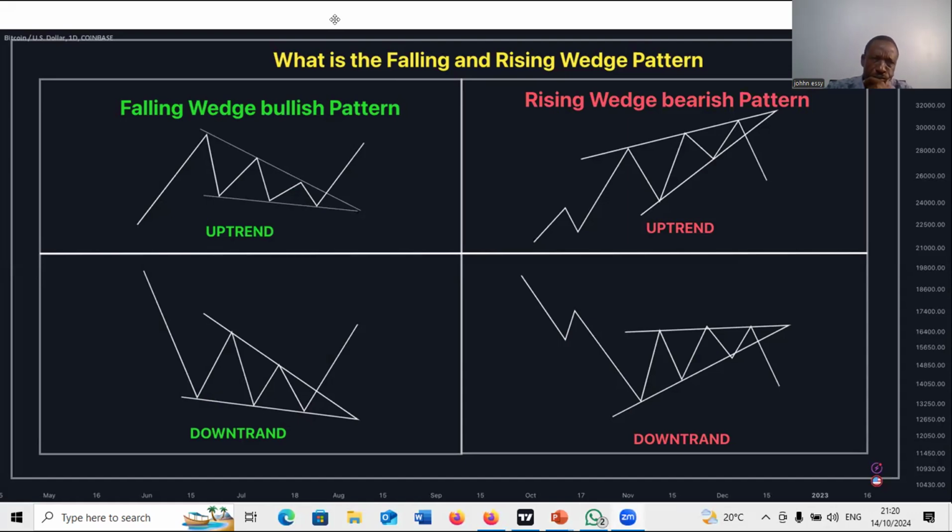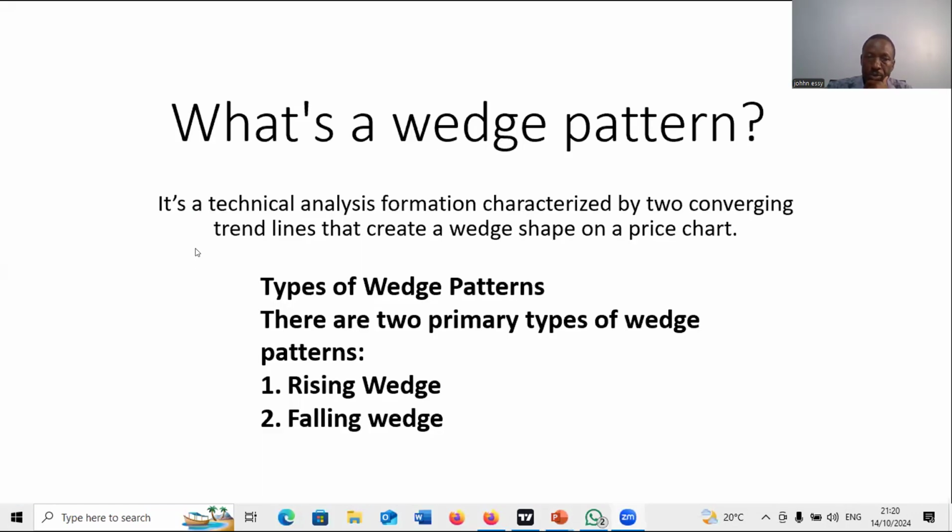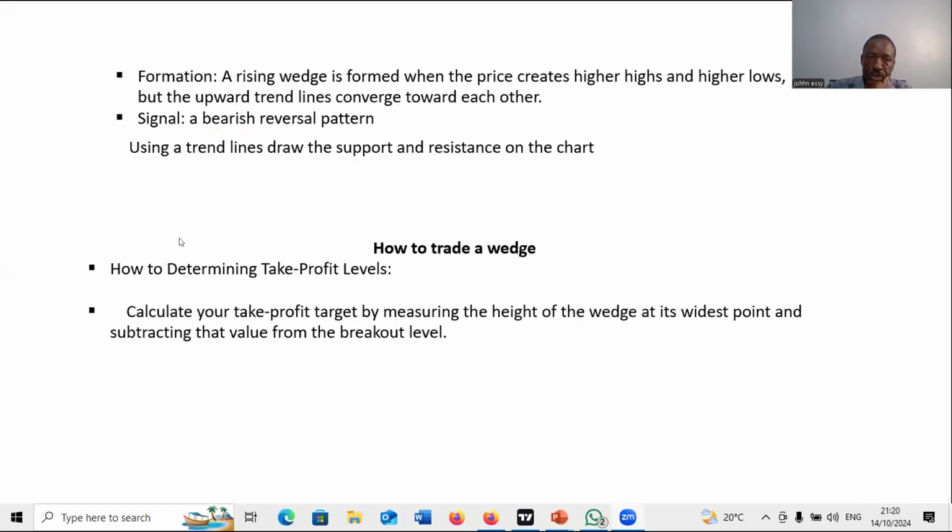The slide you were trying to describe, the breakout points and the confirmation candle. Okay, I was checking on the question you are referring to.